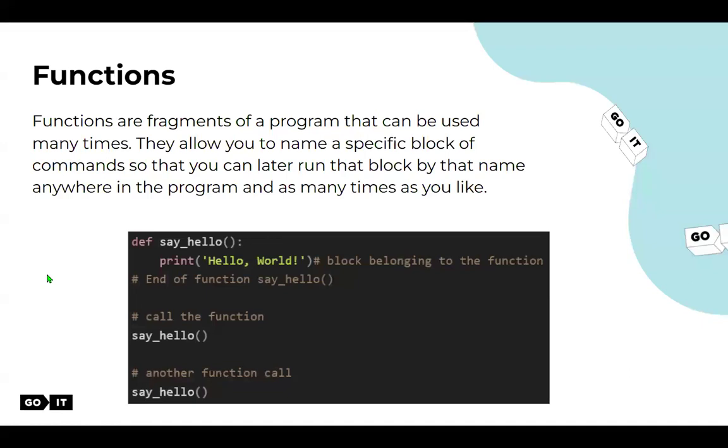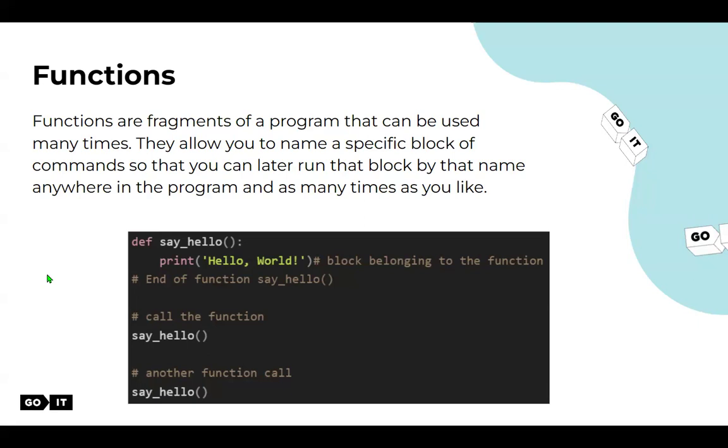So anytime that you want to use say_hello, because we already defined it as print hello world, you can call it at any time or use it in however way you want within the script that you're using.